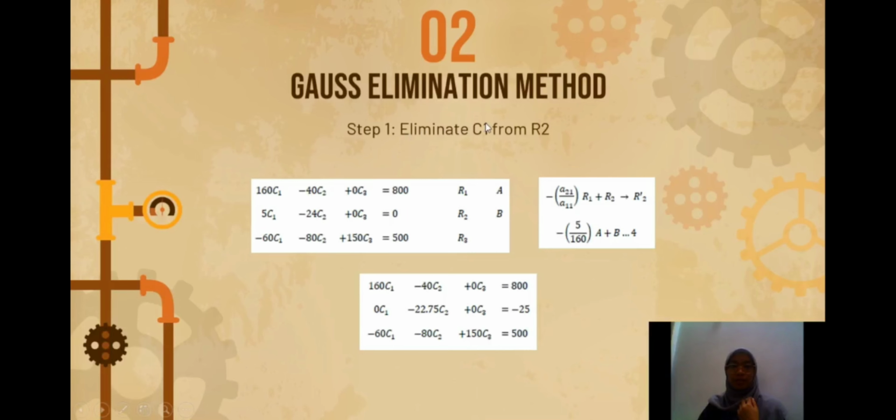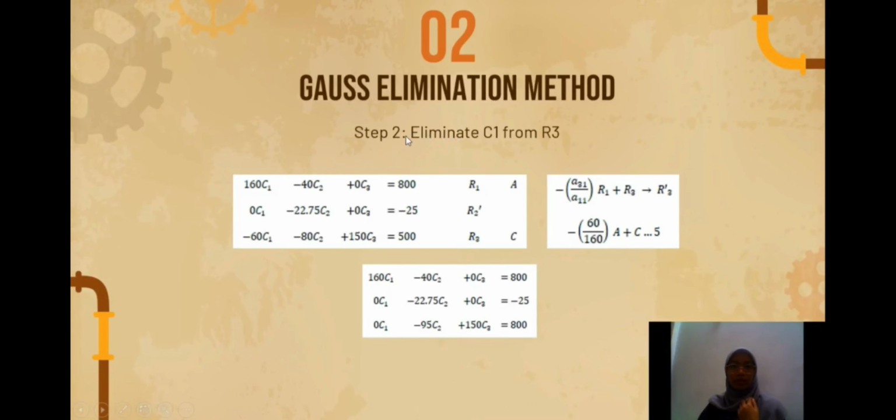For the first step, we need to eliminate C1, which is 5 C1 in row 2. By using these equations, we get C1 as a 0 value.